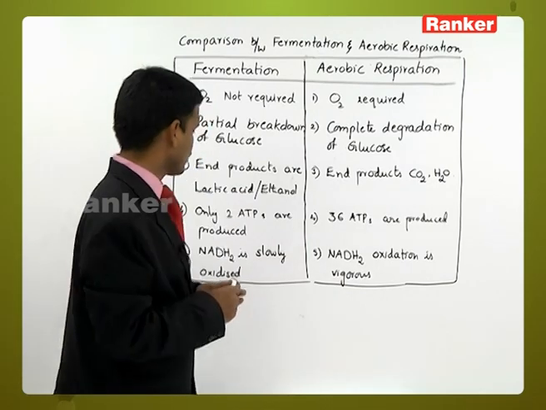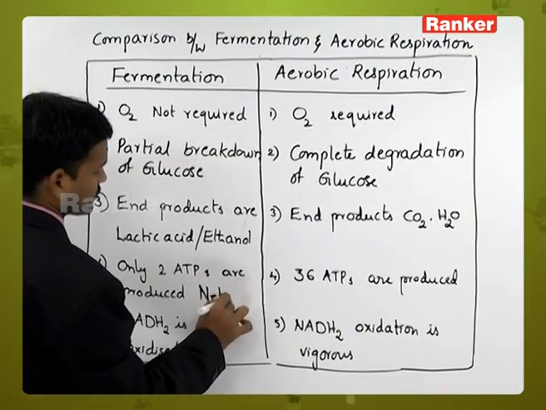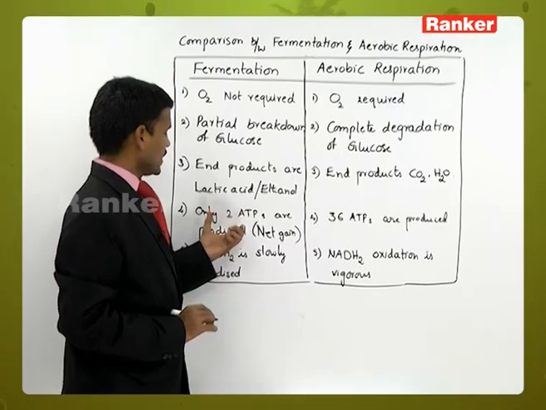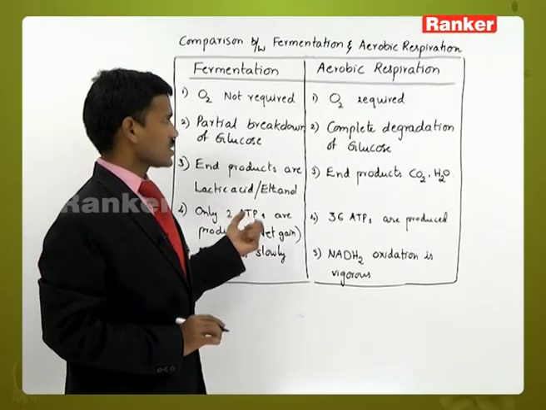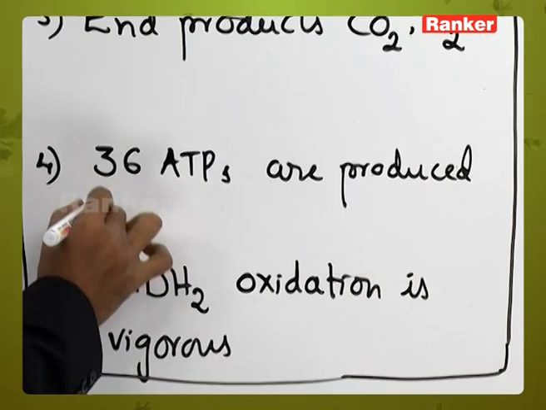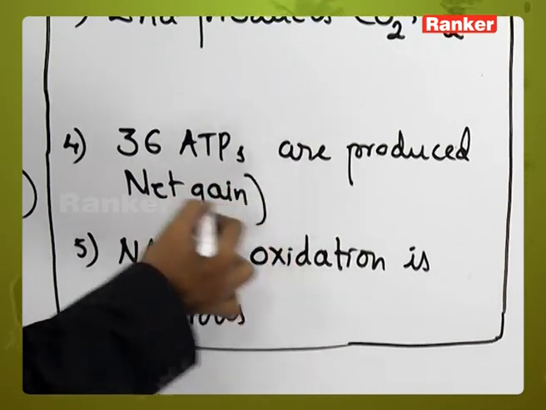The common pathway in fermentation and aerobic respiration is glycolysis. So the net gain of ATPs is 2 in fermentation. In aerobic respiration, the net gain is 36.